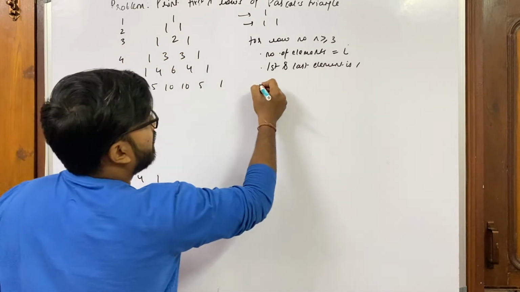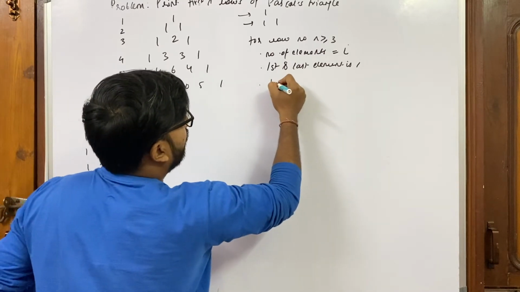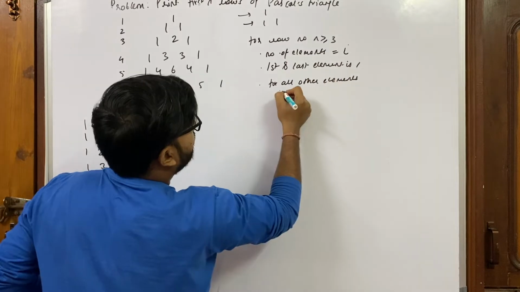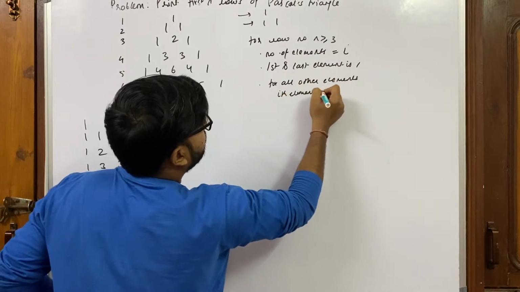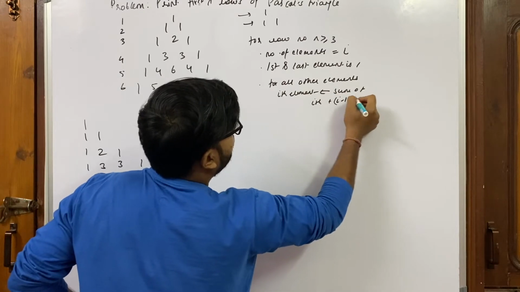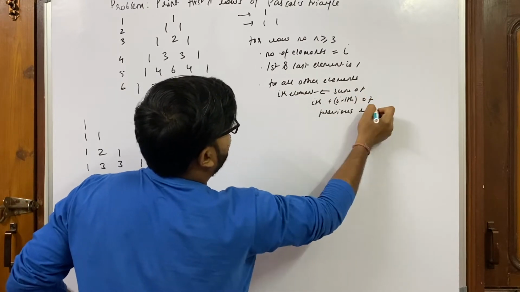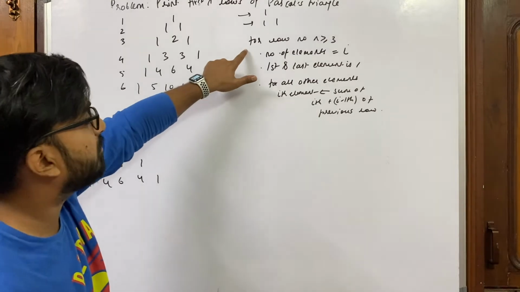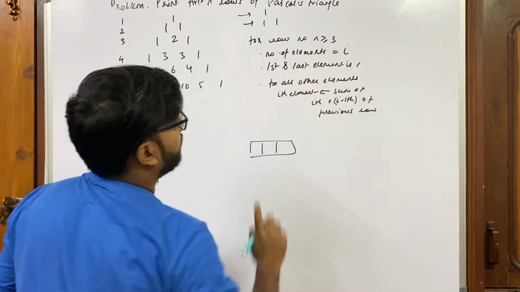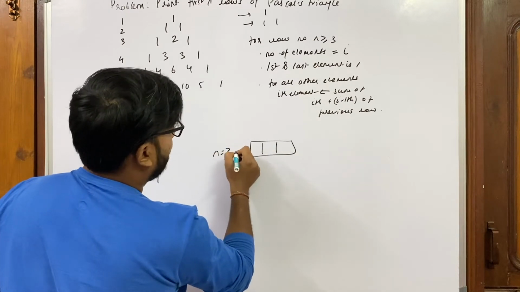And then for all other elements, except first and last, the ith element is the sum of the ith plus the i minus 1th element of the previous row. For example, if we have a row for n equal to 3, it will have 3 elements.